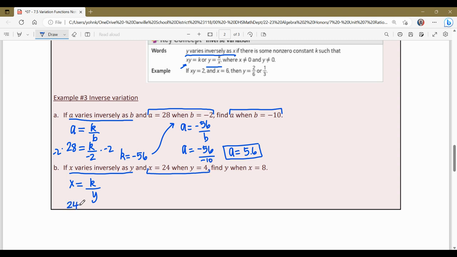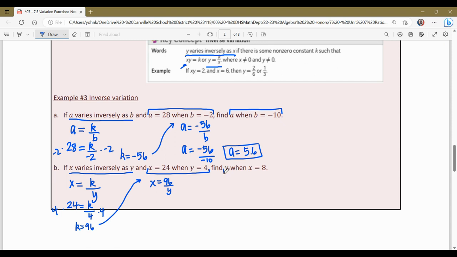So 24 equals k over 4. I'm going to multiply both sides by 4, and I'm going to get k equals 96.